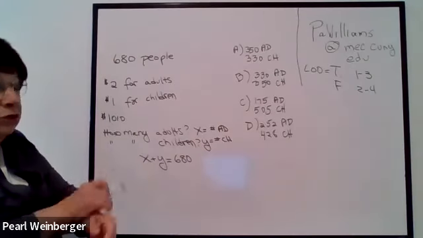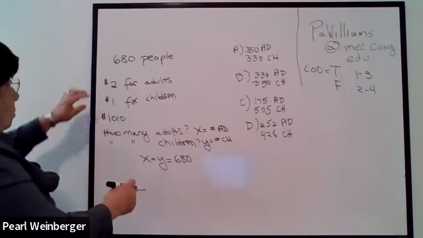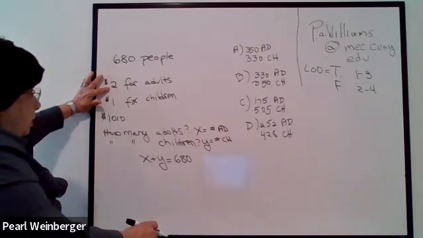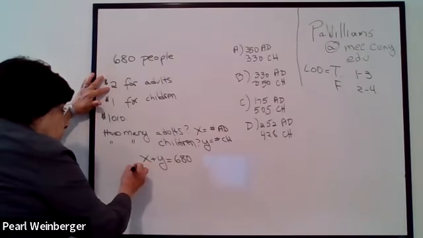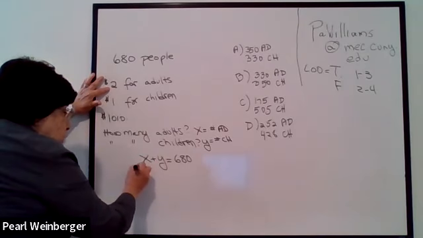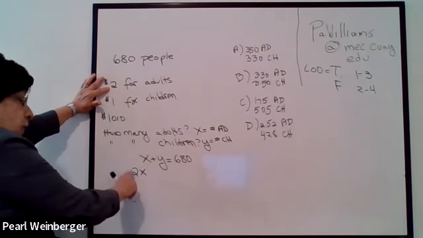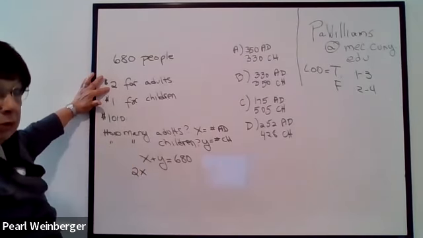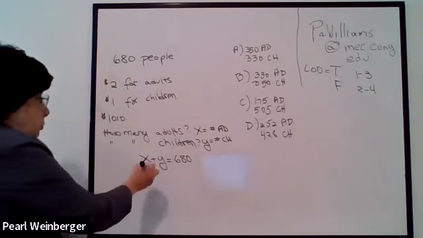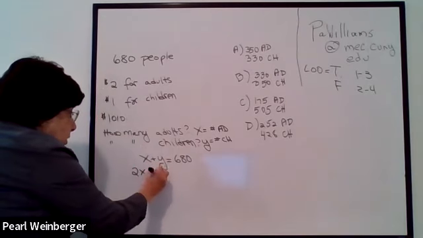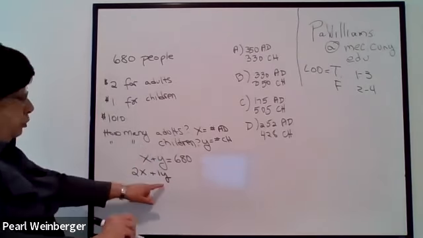The second equation has to do with how much money came in. Well, we know each adult paid $2. So the total amount of money from the adults was 2x. X is how many adults there are, multiplied by 2. The children only paid $1, so it's 1 times Y, the money that came in from the children.